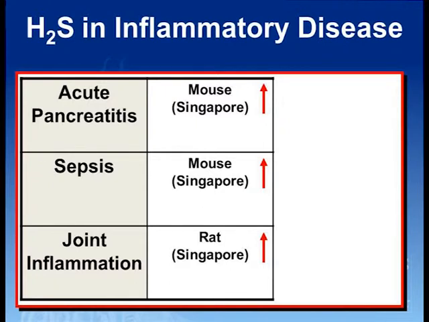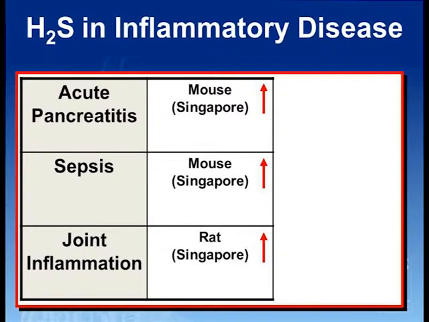Some more recent research on H2S in inflammatory disease, acute pancreatitis, sepsis that I've spoken about earlier, and joint inflammation. In disease models, mouse model for acute pancreatitis and sepsis, and rat model for joint inflammation or arthritis.